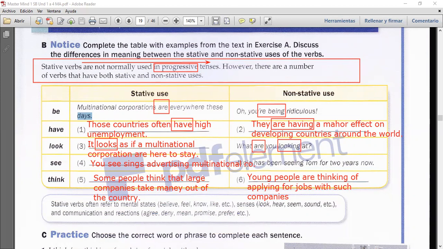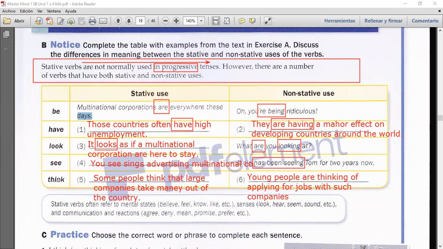And Jane has been seeing Tom for 2 years now. Has been seeing, present perfect progressive. That means that Jenny is meeting him, seeing him, dating him.